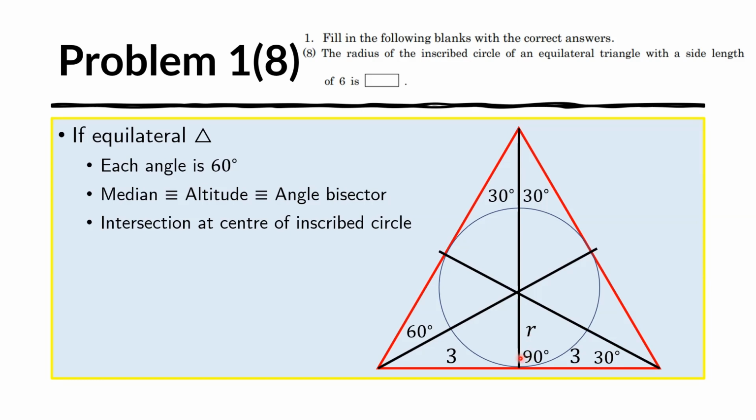And we know that if you have a 30, 60, 90 degree triangle, then the side beside the 30 degree angle is actually square root of 3 times the side opposite it. And so to get the side opposite it, we just divide 3 by square root of 3. And so we obtain r equals square root of 3.